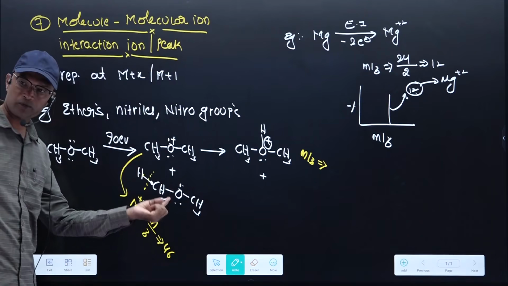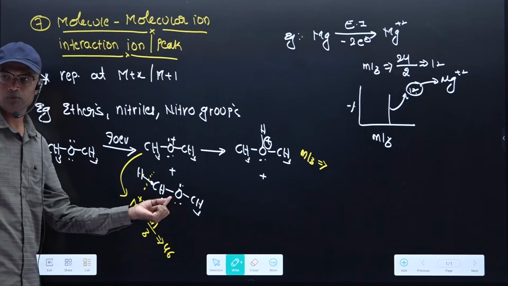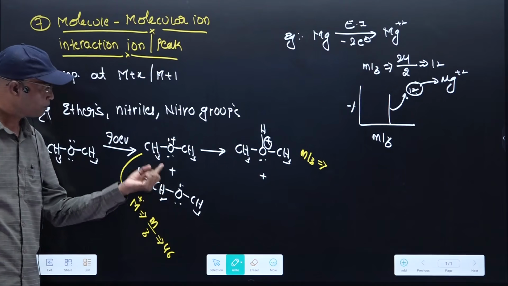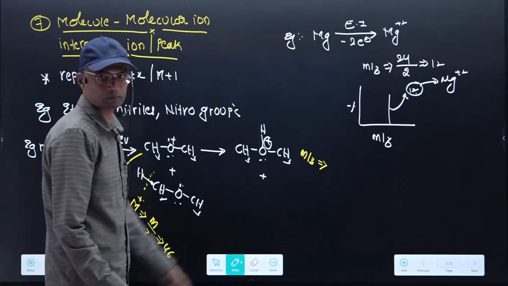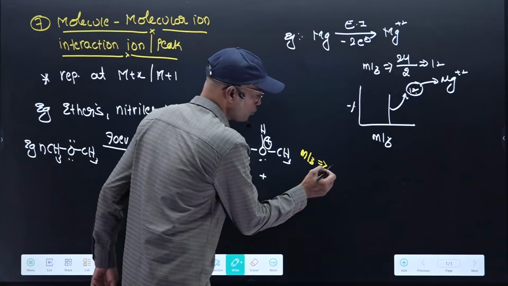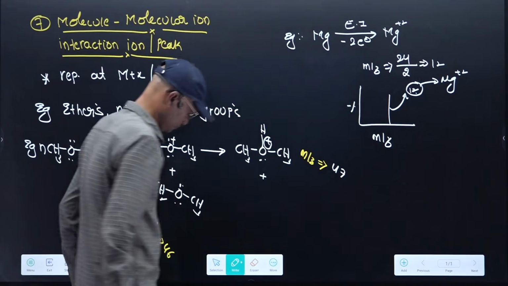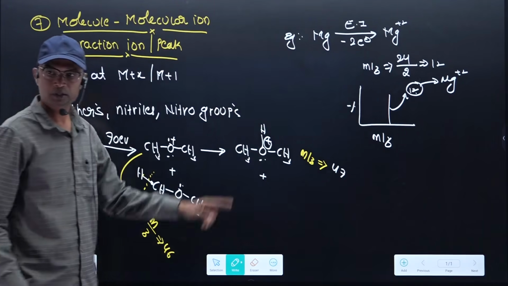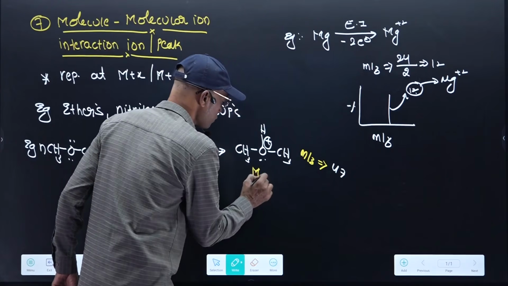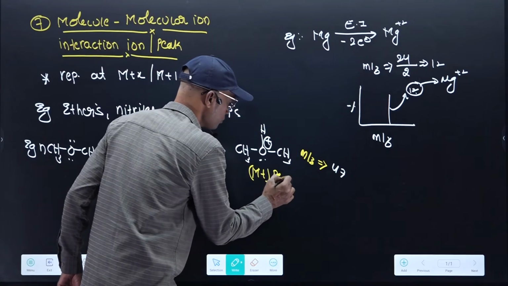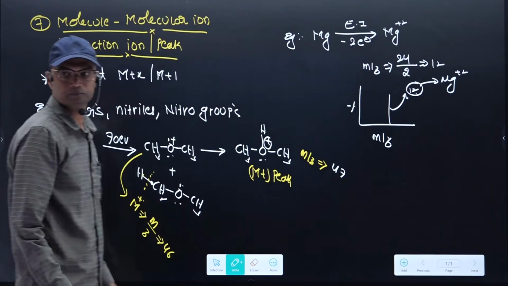It may also collide with a neutral molecule, which is not going to form a molecular ion. Now this hydrogen migrates from here to here and forms a cation. This m/z value is more than 46. You will get 47 or not? Here this is 46 and this is 47. So now this looks like an M plus 1 peak.